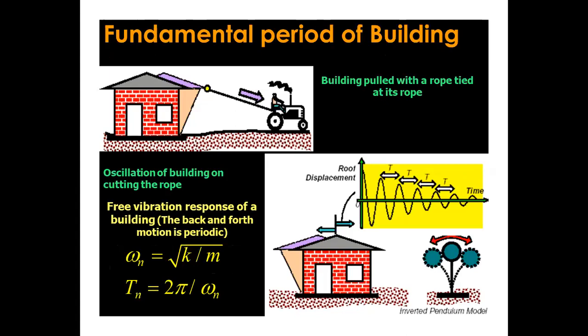When a building is pulled with a rope tied at its roof, and suddenly we cut the rope, the oscillation of the building is like this figure, right? So your building is oscillating left and right, just like an inverted pendulum model, right?